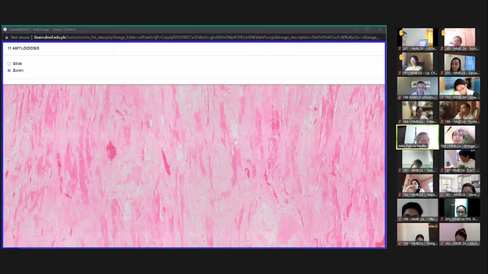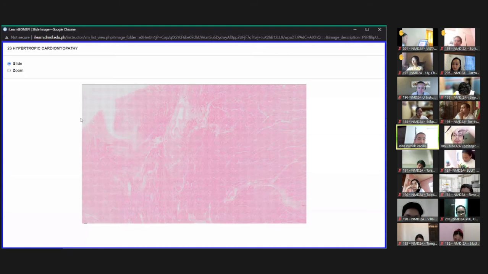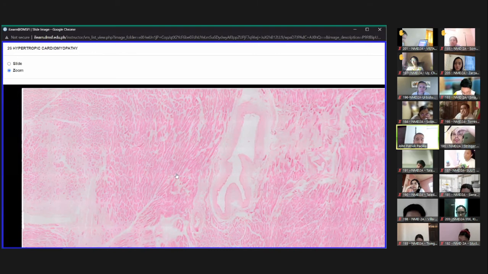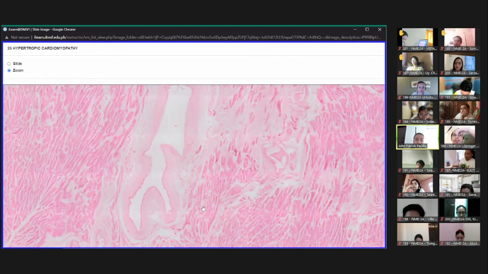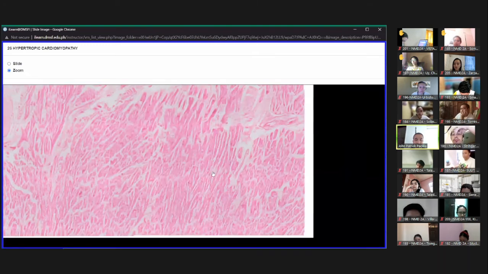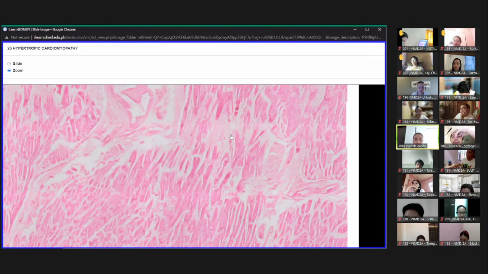Next, we have hypertrophic cardiomyopathy. Hypertrophic cardiomyopathy, or HCM, is identified with a genetic mutation of the sarcomeric proteins. What we have here is the irregular formation of the cardiac myocytes.